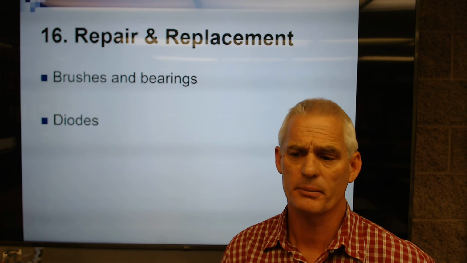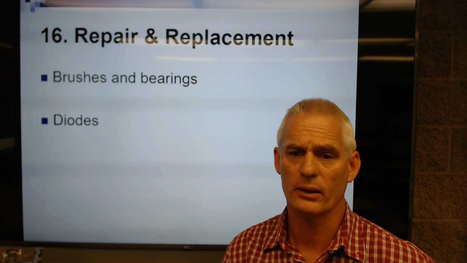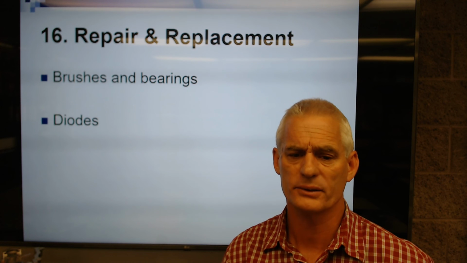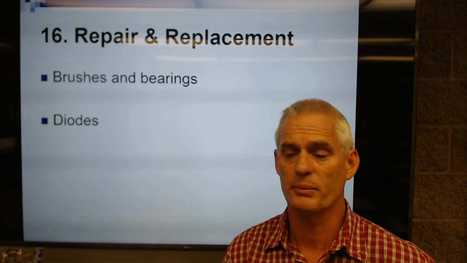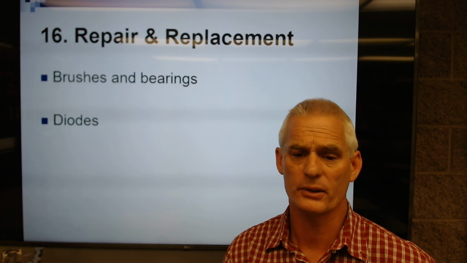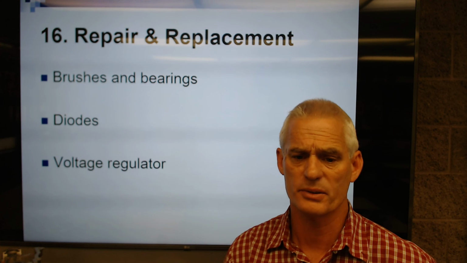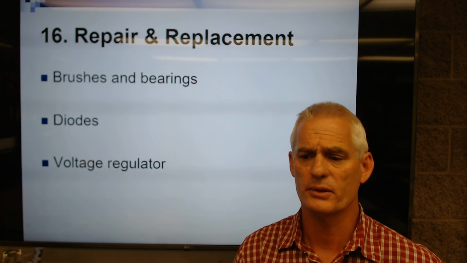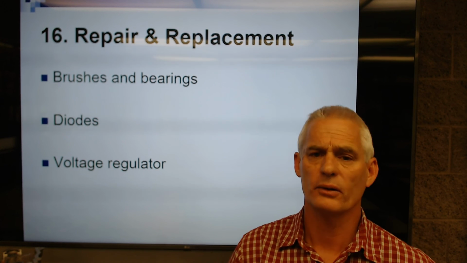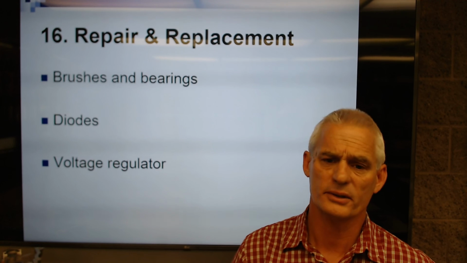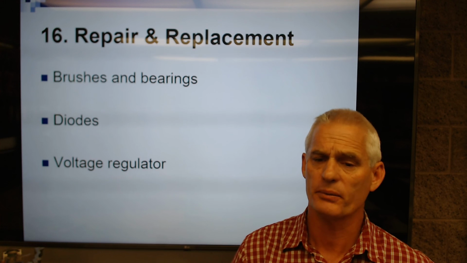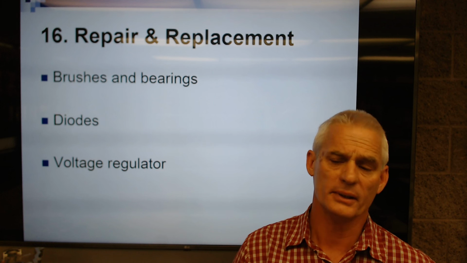A diode assembly can be replaced, although we're not doing it on a modern car, a couple hundred dollar alternator at most. But on something very large, like a piece of farm equipment or a big truck, we may replace the diodes, brushes, bearings, and the voltage regulator to rebuild that alternator because it might be too expensive or difficult to get a new assembly, but it depends. The brushes, the bearings, the diodes, and the voltage regulator can be replaced, although not really commonly done anymore.